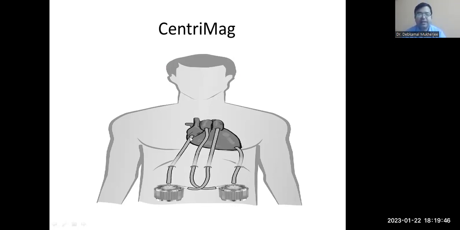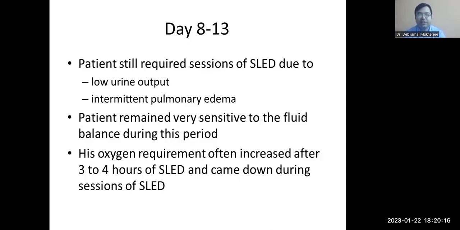For the right ventricle, the outflow from the RA is taken out, going into the centrifugal pump, and then it is pumped into the pulmonary artery. Another pump is attached to the LV apex, and it pumps the blood back into the ascending aorta. So this is the configuration which we use for CentriMag, and we decided to insert it in our patient.